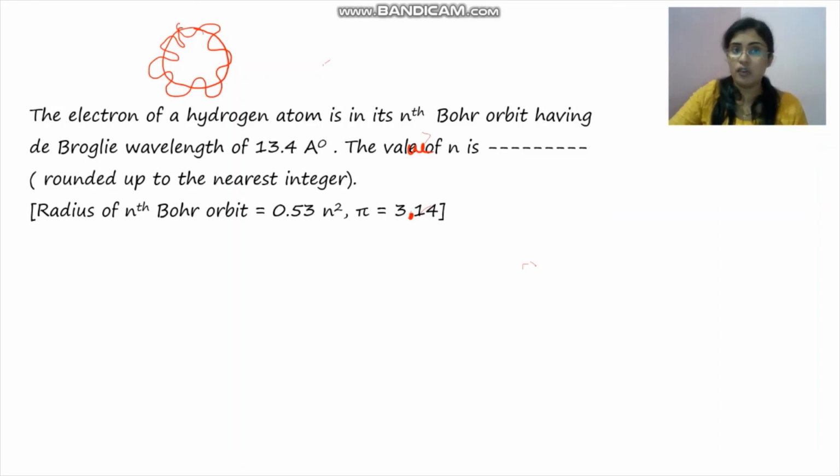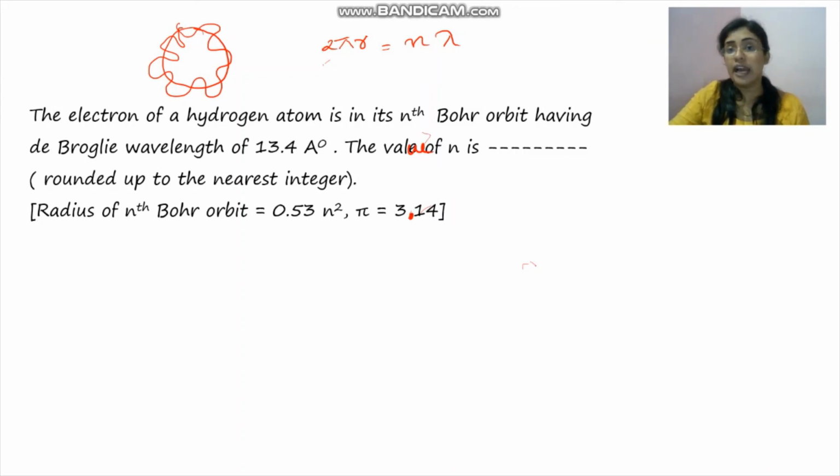This is something we all would have studied in atomic structure. Since my orbit is circular in shape, the circumference can be taken as 2 pi r, and 2 pi r is an integral multiple of the wavelength. So 2 pi r equal to n lambda.